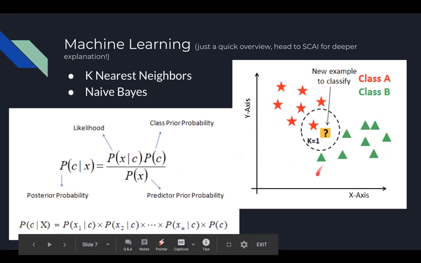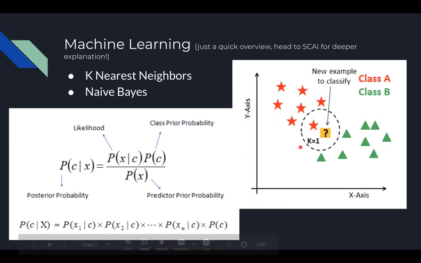Let's say we have height on the x-axis and radius on the y-axis, and these are apples and oranges. In a supervised machine learning problem, we are told that all of this data is apples and all of this data is oranges. In other words, these data are labeled.